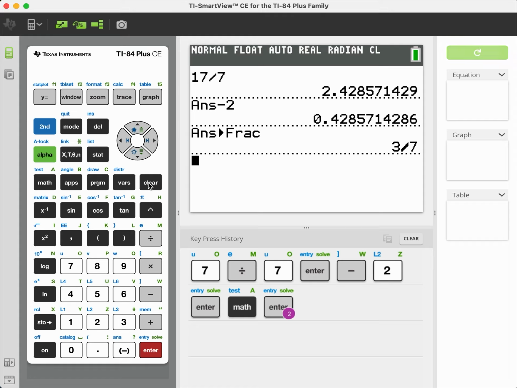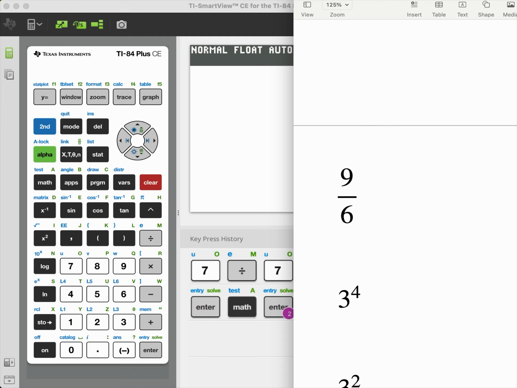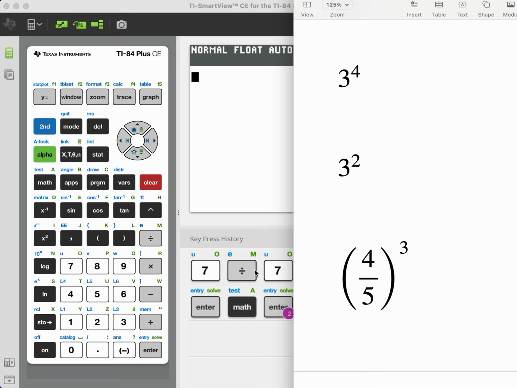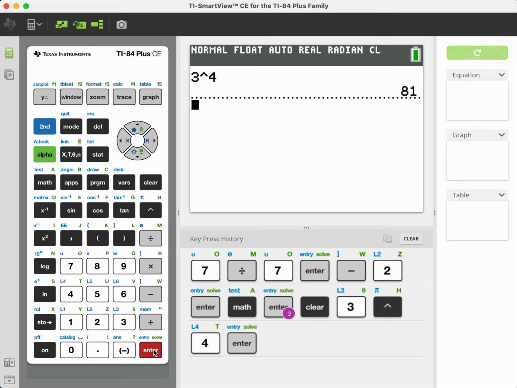All right, let's do exponents. What if you want to raise 3 to the 4th power, like that? So over here, 3, the raised-to button is this, we call this a caret button, raised to the 4th power. And that's 81.